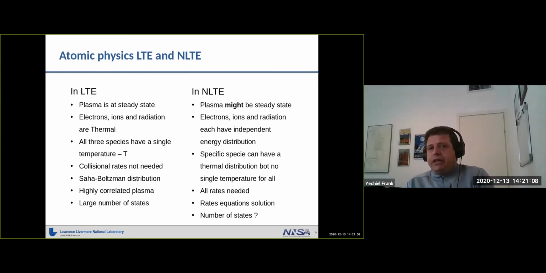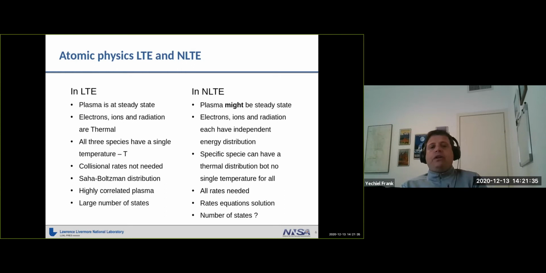In non-LTE, in the most general case, none of these have to be thermal. Each has an independent energy distribution, which might be thermal and might not be. Again, for the sake of what I'll show you later, we do assume that the electrons are thermal, but their temperature does not have to in any way match the radiation field profile.